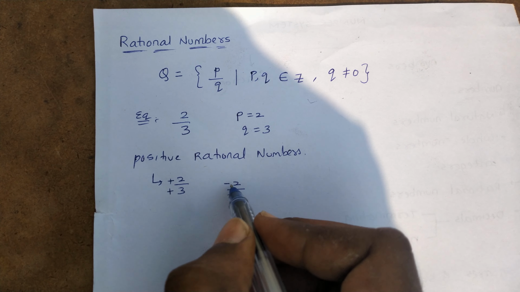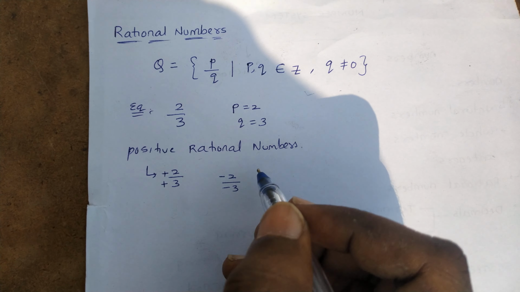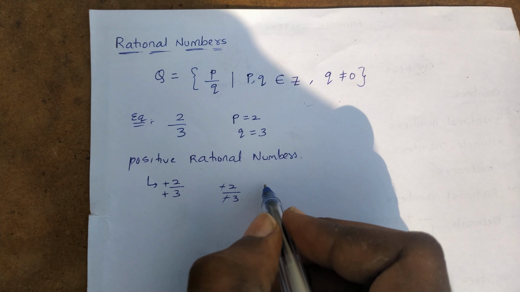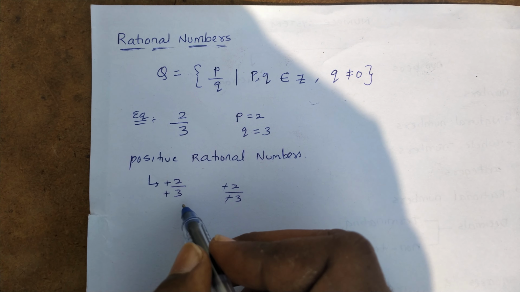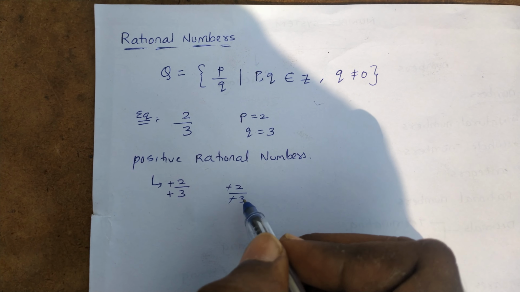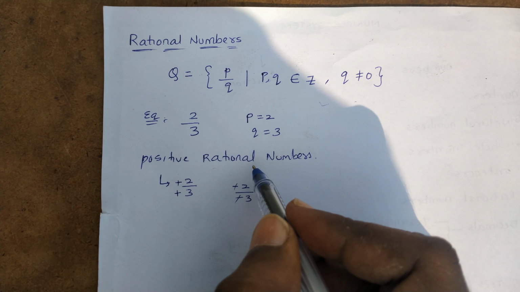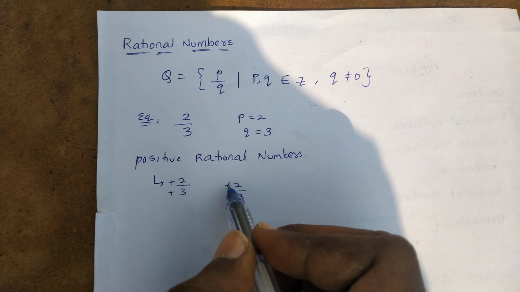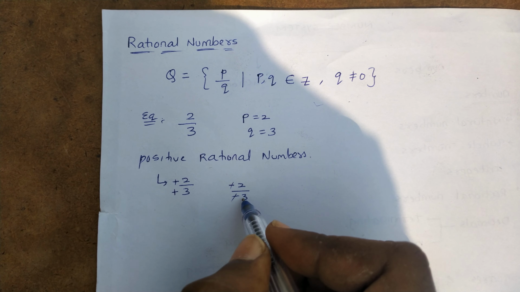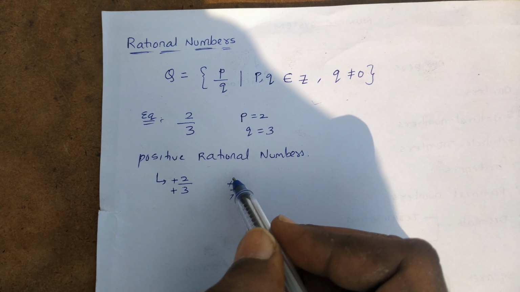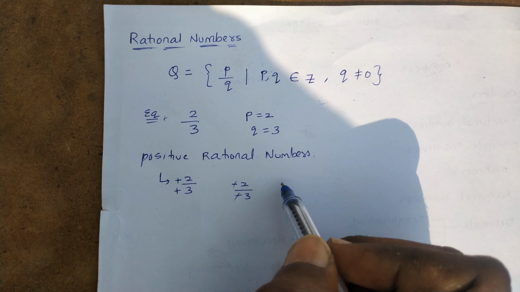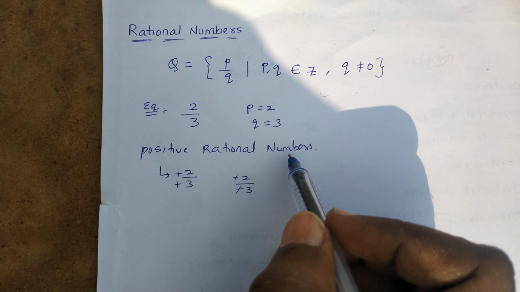Then also it is positive, because minus minus gets cancelled, right? So 2 by 3 or minus 2 by minus 3 will come under positive rational numbers. Clear? That means numerator and denominator should have the same signs, either plus or minus.